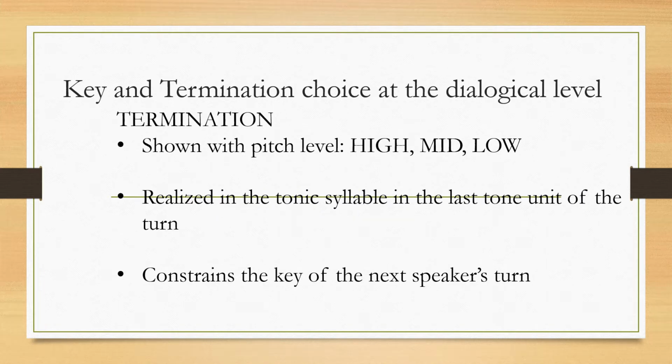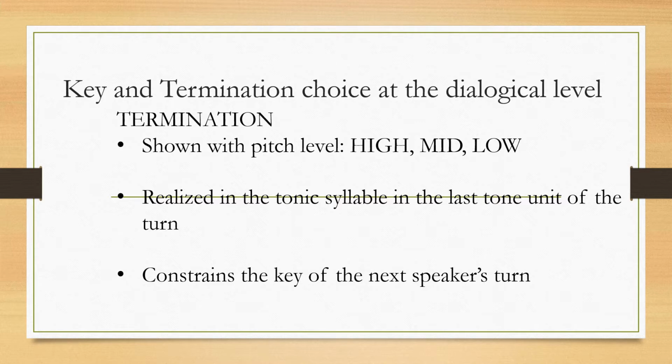So termination again has a threefold choice like key. We can have high termination, mid termination, or low termination. And as we said before, it is realized on the tonic syllable in the last tone unit of the turn.